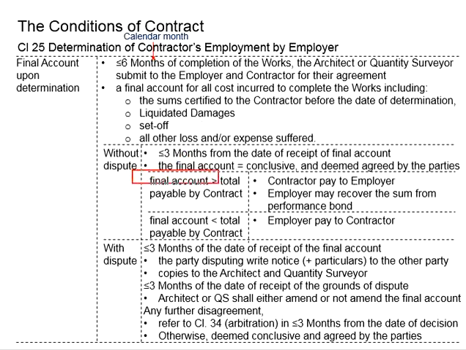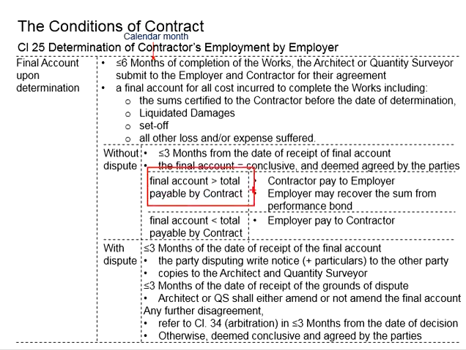Now let's say the final account here is greater than the total payable by the contract. That means the contractor has been paid more than he is supposed to be. The employer will need to recover the cost. There are 2 ways to do so. First, the contractor pays the employer. Second, the employer recovers the sum from the performance bond. Either will do. This is to protect the right of the employer, getting the amount that the employer is supposed to have.